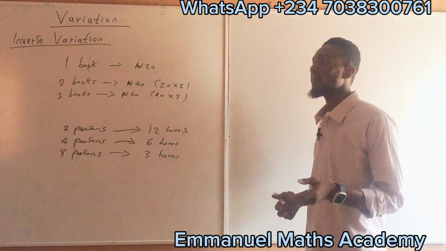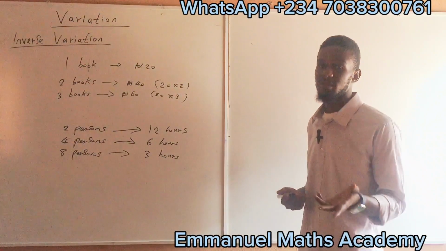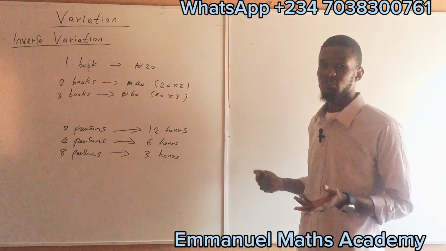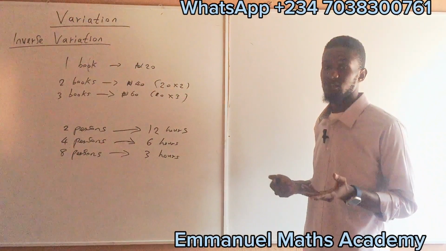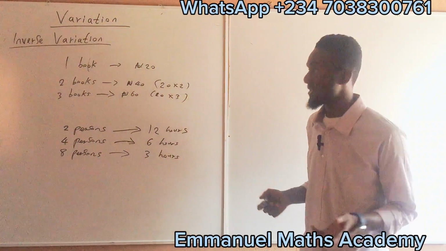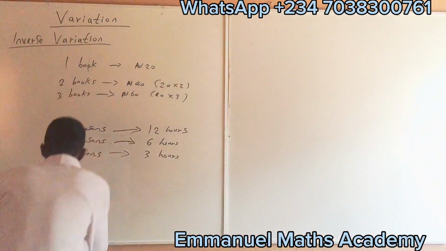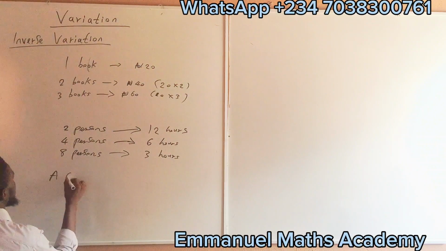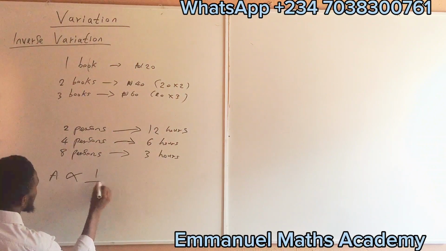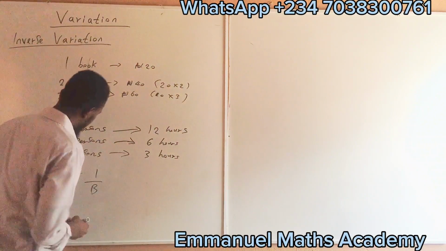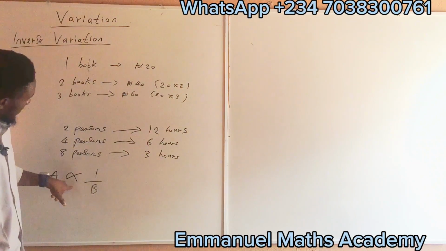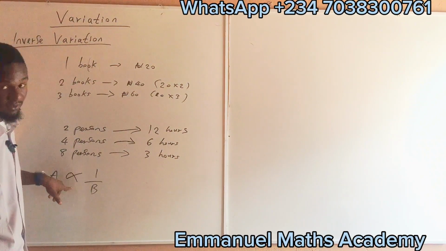So when you are given two variables, A and B, and you say that A is inversely proportional to B, it is expressed as A is inversely proportional to B, right? Where this is the sign of proportionality, the sign of variation.